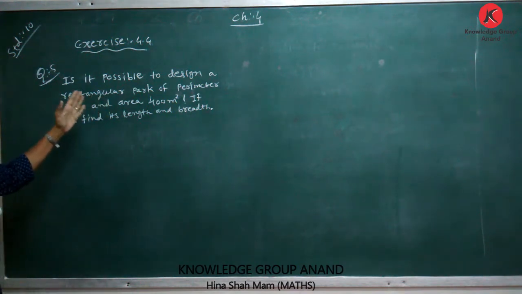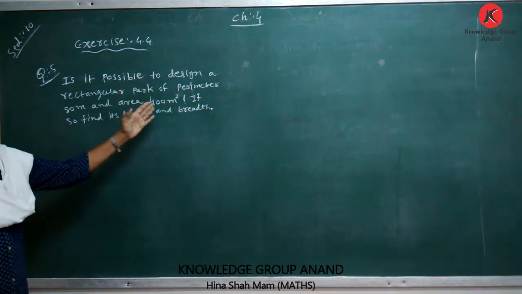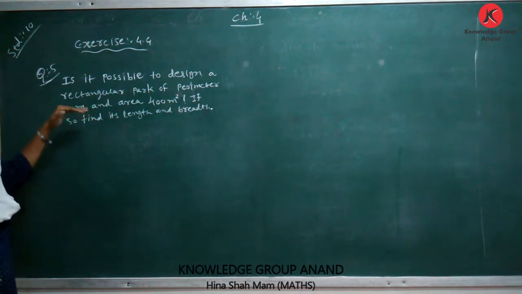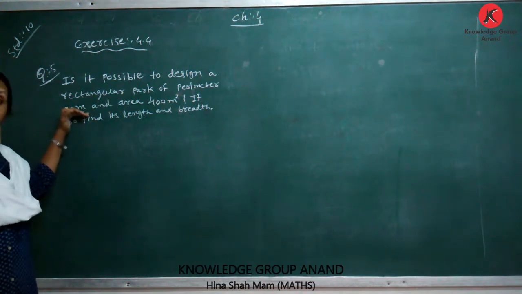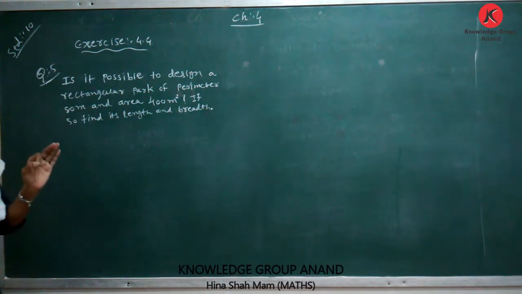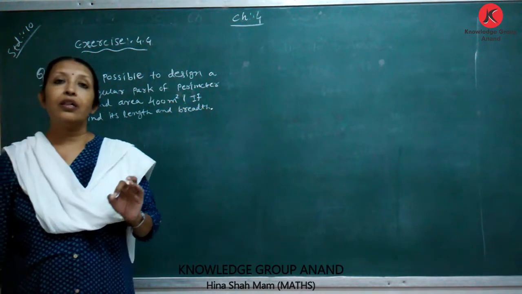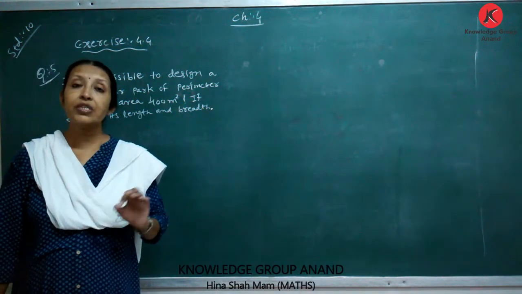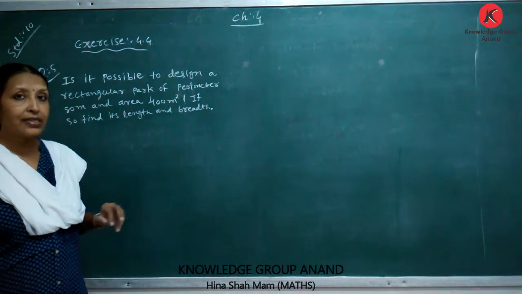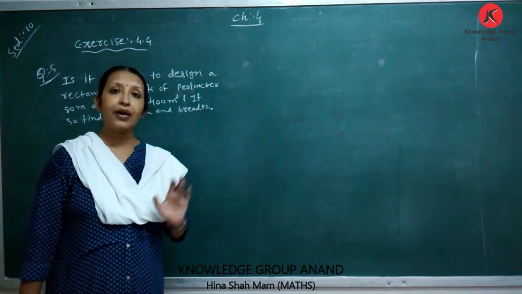We assume let the length of rectangular path is equal to x meter. Here we have given perimeter of rectangular path. Then we know perimeter of rectangle is equal to, what is its formula? Do you know? Yes, 2 into length plus breadth.